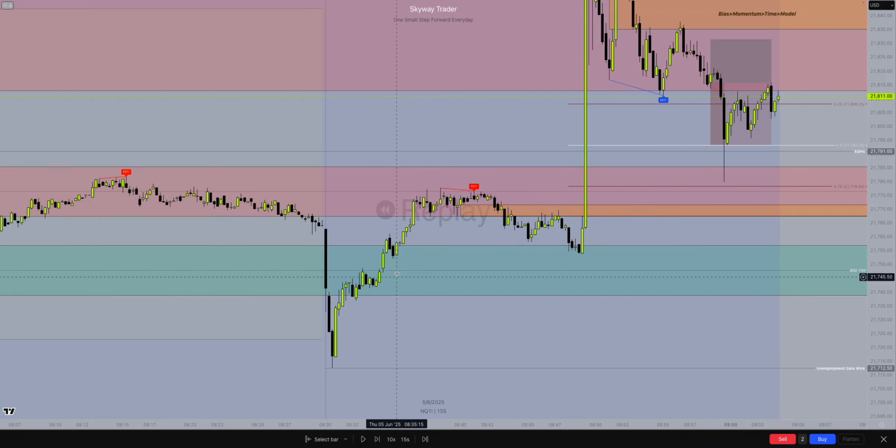I don't like to take the first inverse unless it's showing some really crazy momentum, which we kind of saw here, I guess. But I was iffy about it, especially since it's the day before NFP. I was really careful.